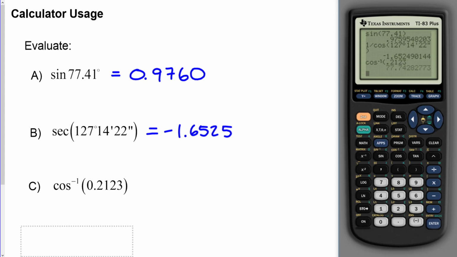Just type in your value, and the output here is a degree measure. So 77 point, I'll do 74 degrees. Follow the instructions for rounding in your homework. If it asks for degrees, minutes, seconds, just do second and angle and tell it to convert to degrees, minutes, seconds. And then that will give you that angle measure.